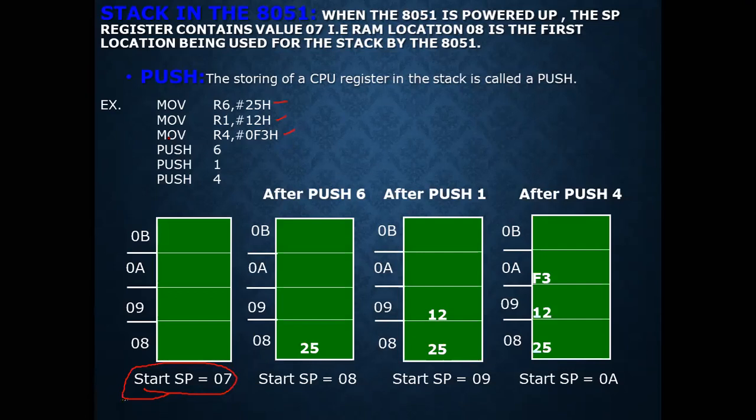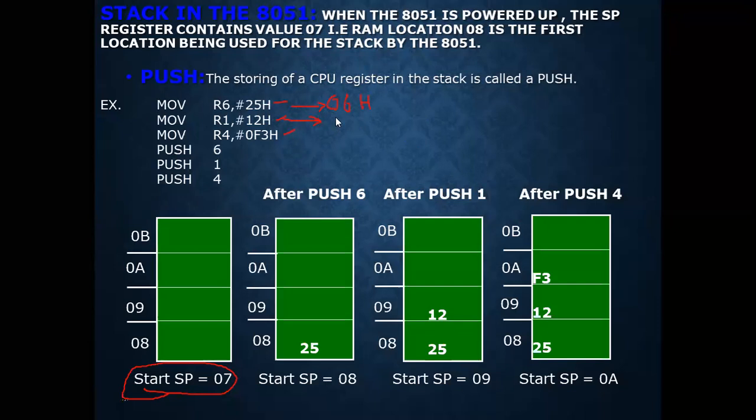Just remember the addresses of the register banks in the internal RAM. The address of R6 is 06H. Clear? Now the address of the R1 register in bank 0? 01H.